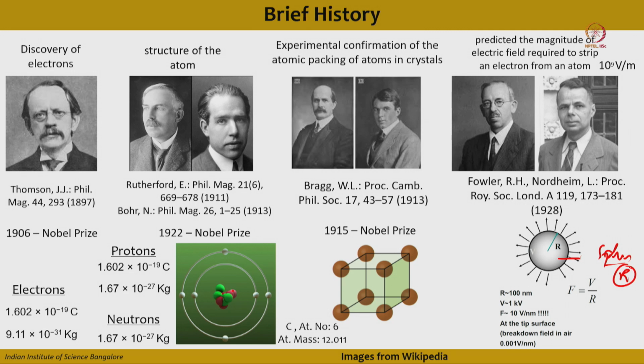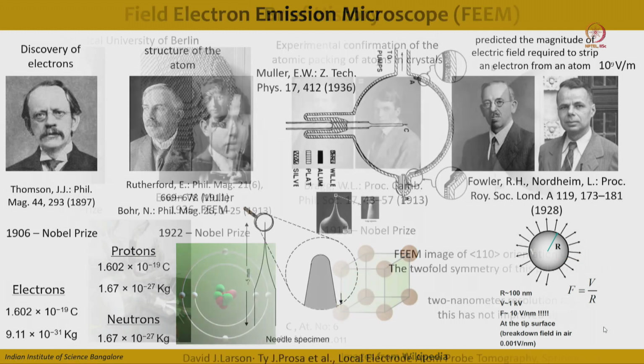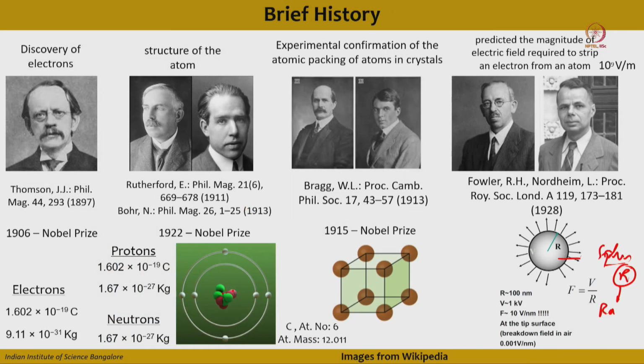If you apply a very high voltage, based on the radius, which is directly related to the radius of curvature, the electric field F equals V by R. So the smaller the radius, or the higher the curvature, the more electric field is generated around the sphere.